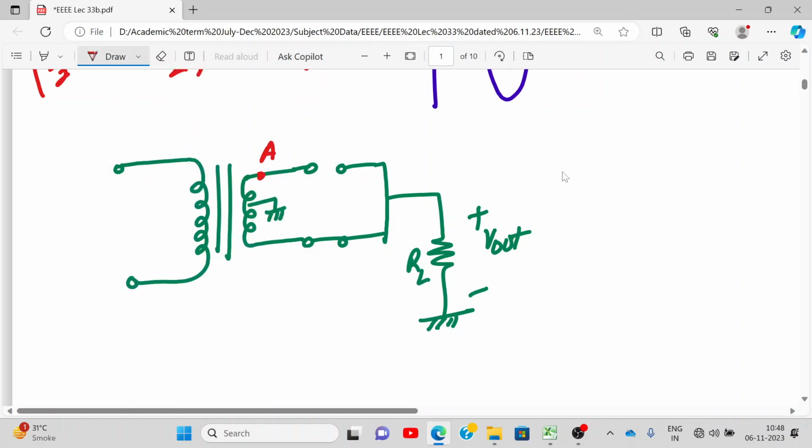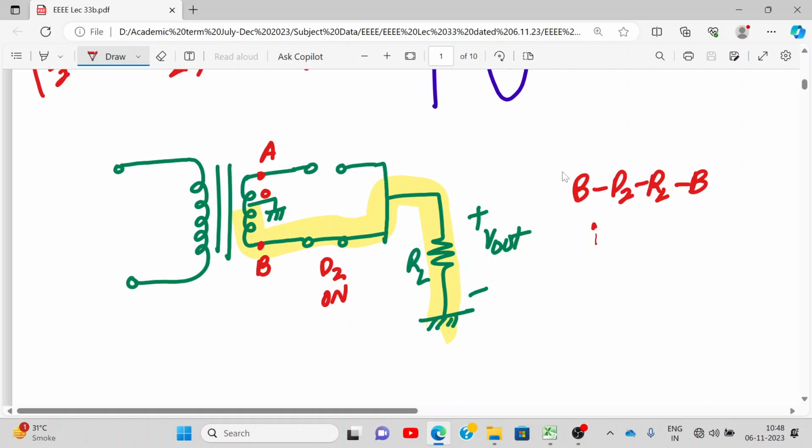This is A, this is B. So how does the current flow? This is 0. D2 on. How does the current flow? From B to D2 to RL to ground. Again back to B. So current flows from B, D2, RL, again back to B.